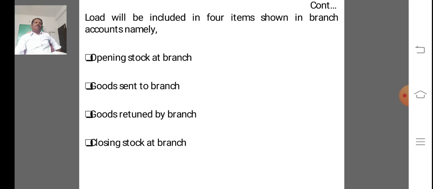Load will be included in 4 items shown in branch account, namely, opening stock of goods at the branch, goods sent to branch, goods returned by branch, and closing stock of goods at the branch.